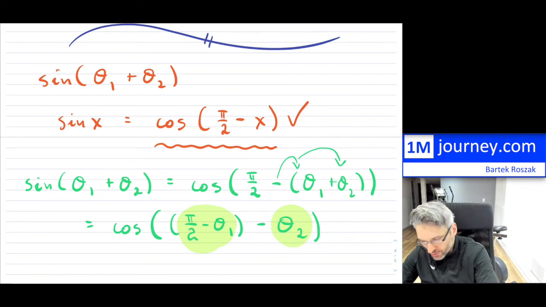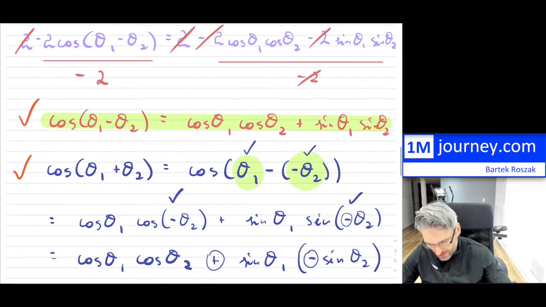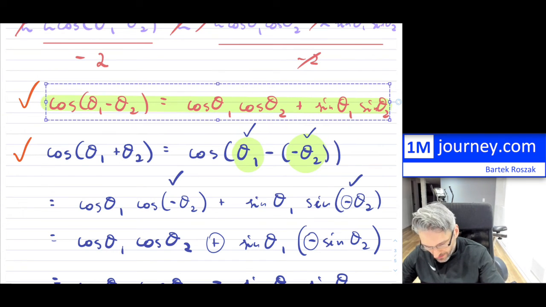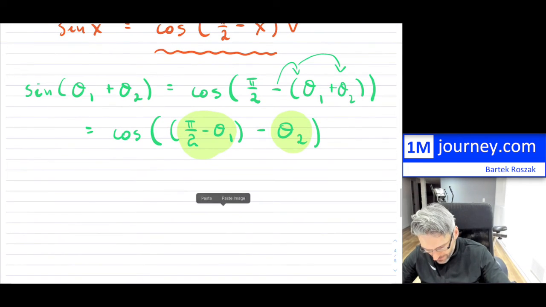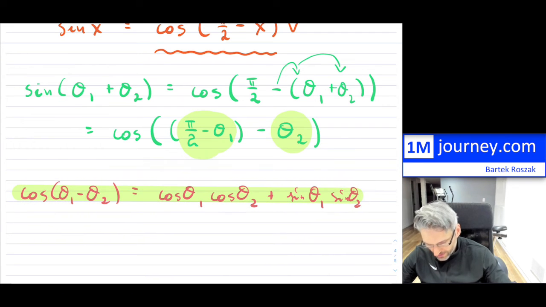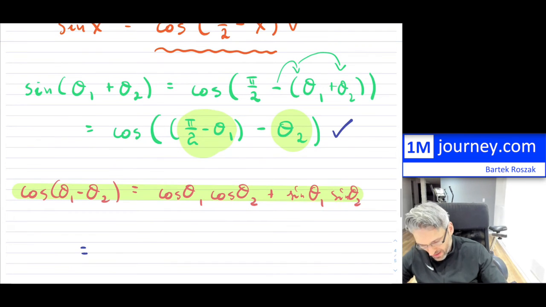And now I can use the complementary identity, so I can use this right here. Let me copy this, bring it down, except my angles are the ones that I highlighted. I'm actually expanding this out.